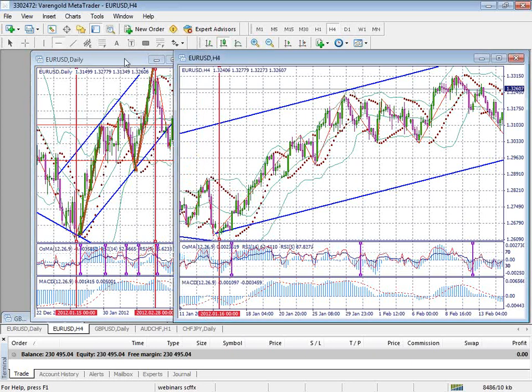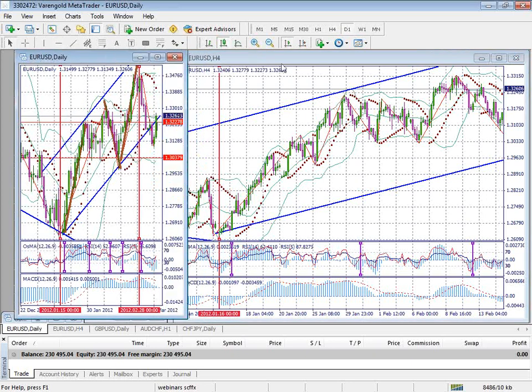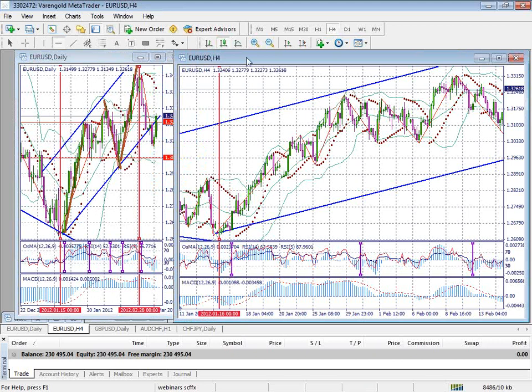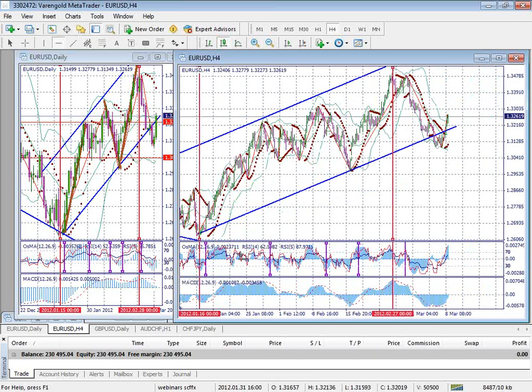to show you the difference between the time frames. We have here the daily chart and here the 4-hour chart. On the daily chart we have those five entries, 1, 2, 3, 4, 5, yeah.